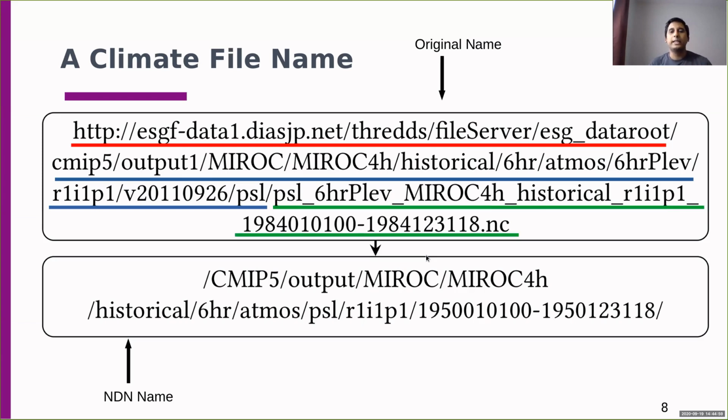And finally, we have the name of the actual file, which you might note repeats a lot of the previous components. So the resulting name looks like CMF5 output MIROC, MIROC4H, followed by different components.